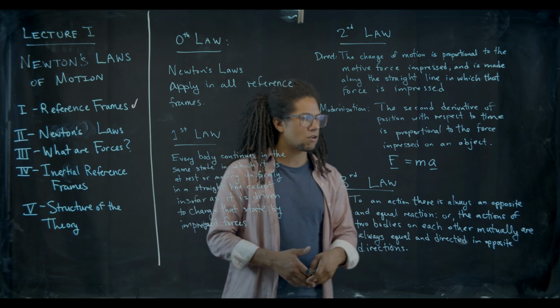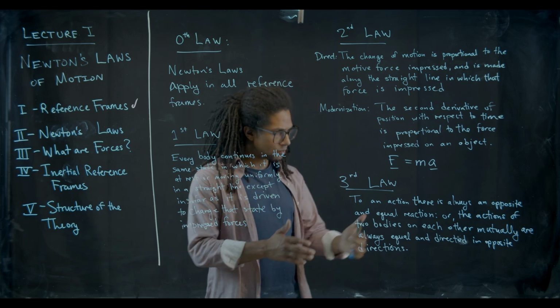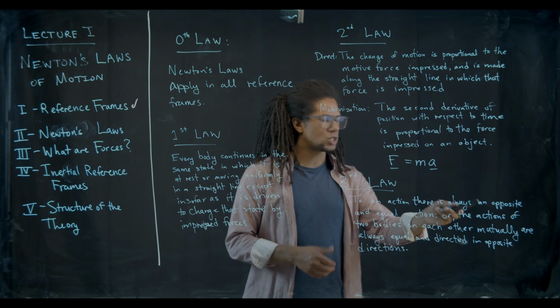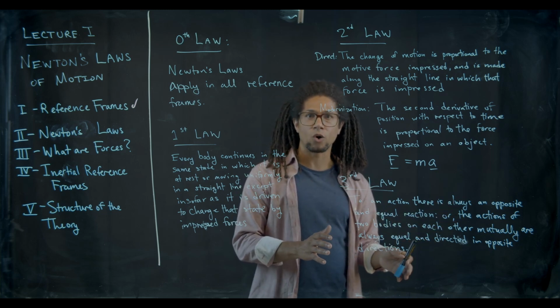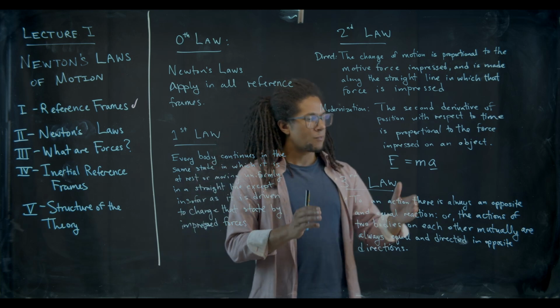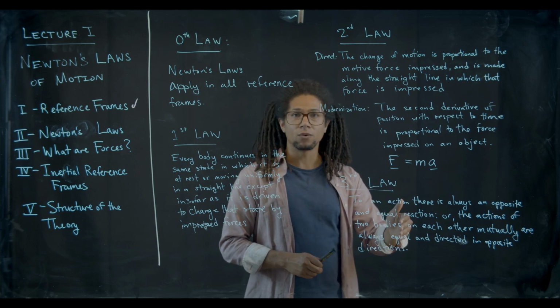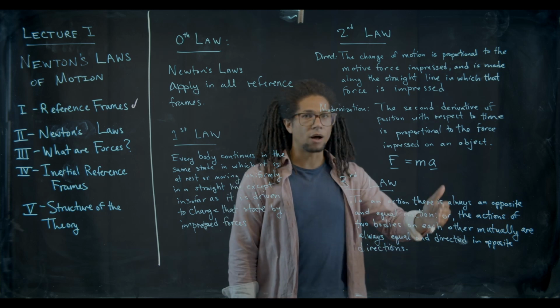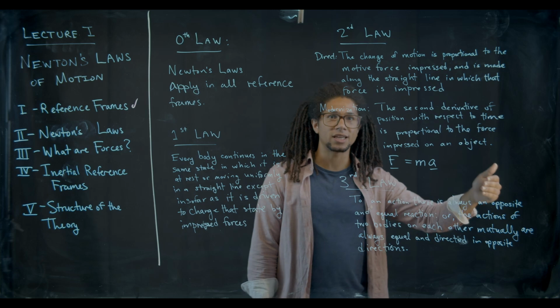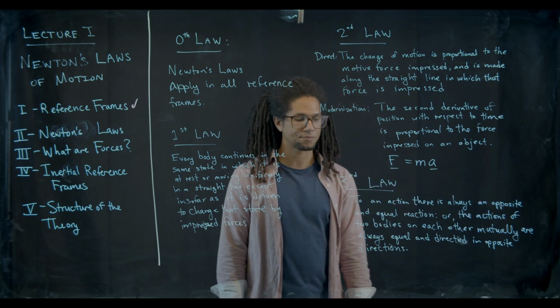And that allows us to clarify the, I think, a little bit opaque language in the third law. In this second part, it's not super clear what is acting on what. And so I think a good restatement of that second part is, if an object A acts on object B with a certain force, then object B acts on object A with a force that is equal but in the opposite direction.